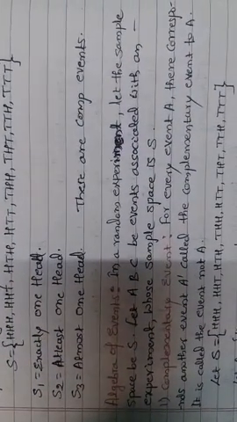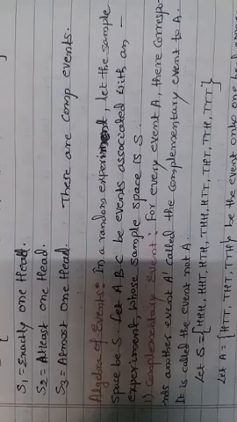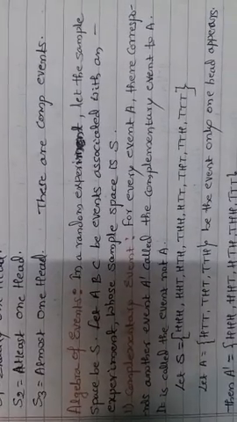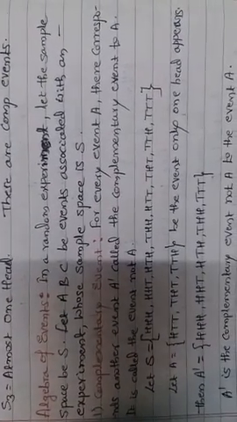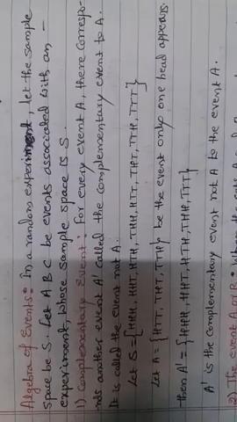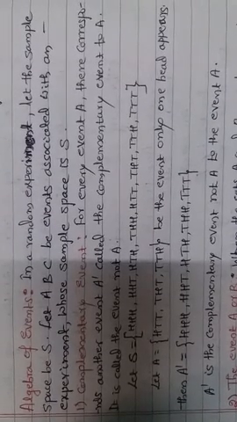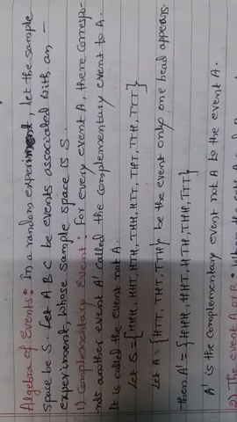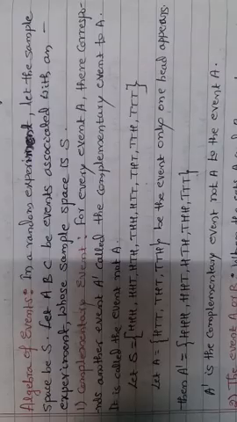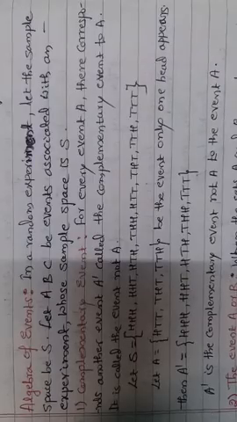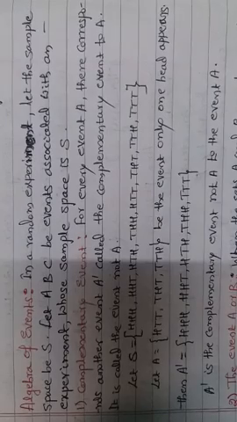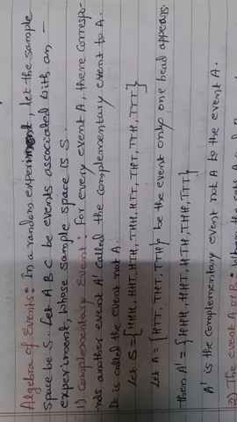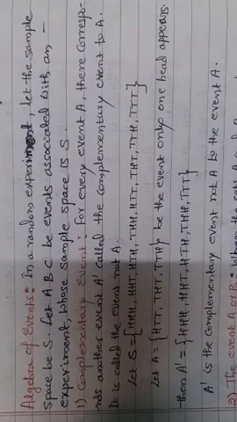Thereafter, algebra of the events, complementary events, the event A or B, the event A and B, the event A but not B, mutually exclusive event, exhaustive event, independent event, and lastly dependent event.